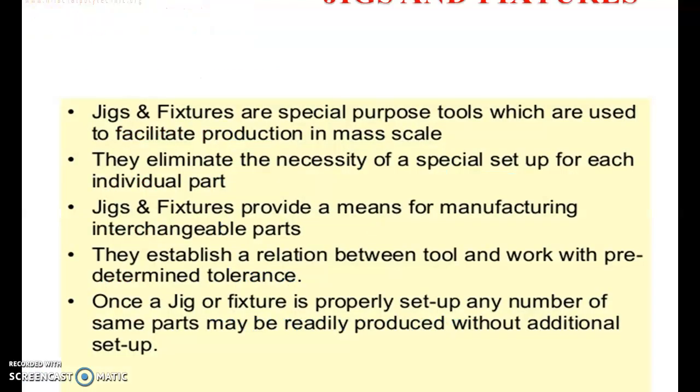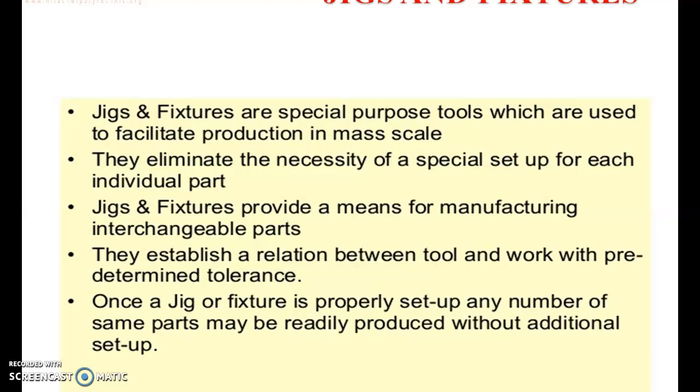Jigs and fixtures are special purpose tools which are used to facilitate production on a mass scale. They eliminate the necessity of a special setup for each individual part. Jigs and fixtures provide a means of manufacturing interchangeable parts.